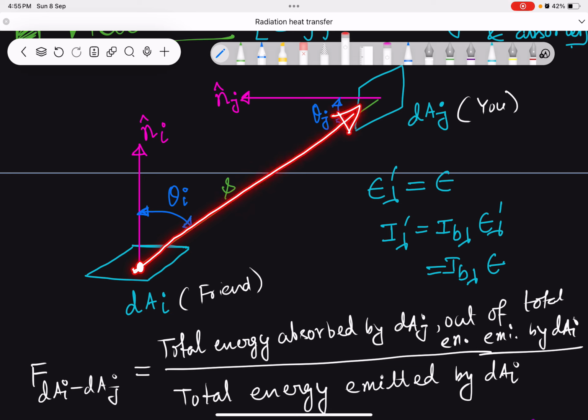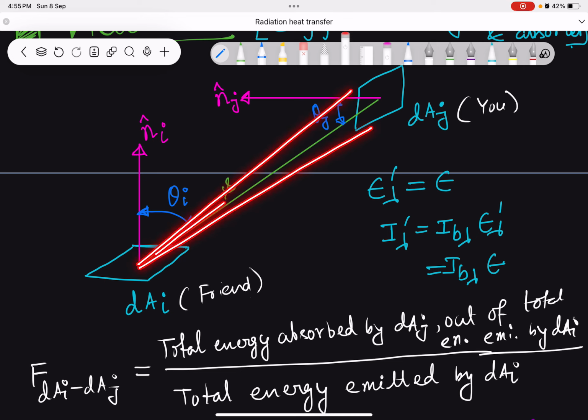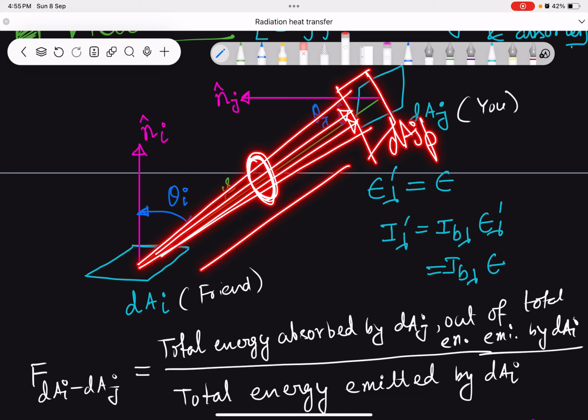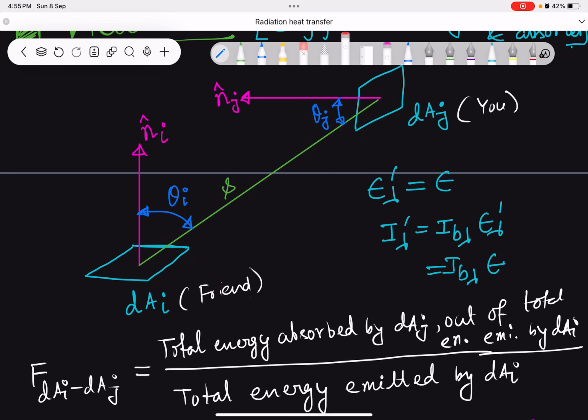So your friend is not seeing you totally, your friend is seeing your projection in this direction. So I have to find how much radiation ray is being contained within the solid angle that is subtended by this dAj projected in this direction at this point.